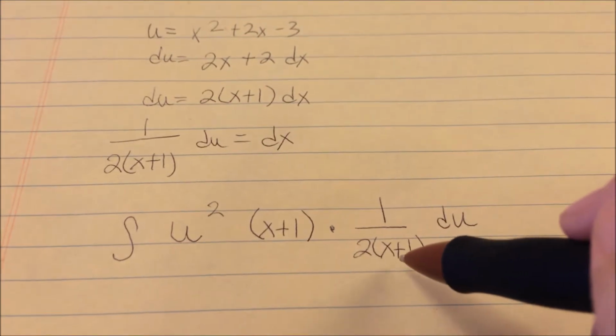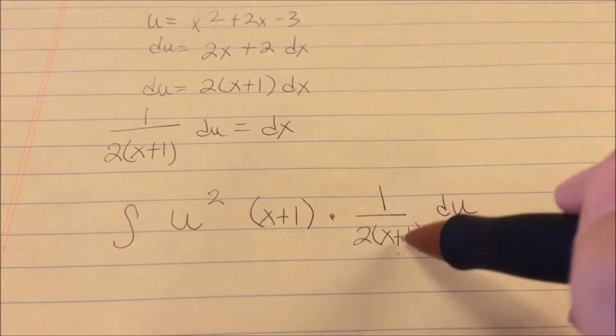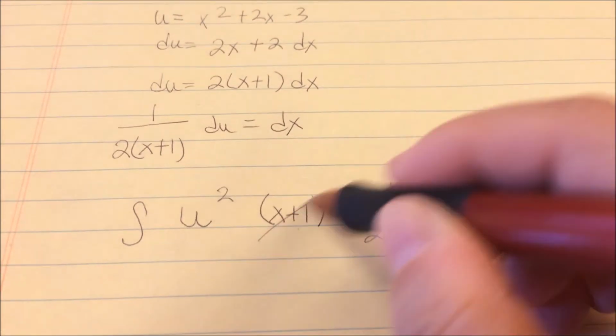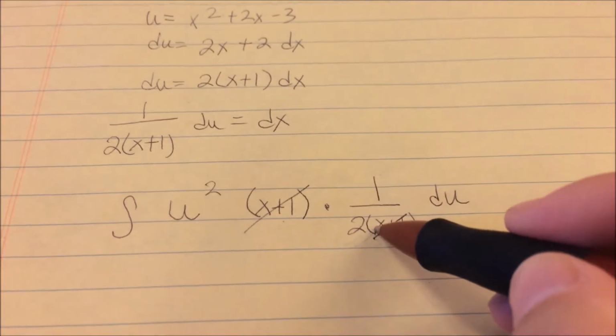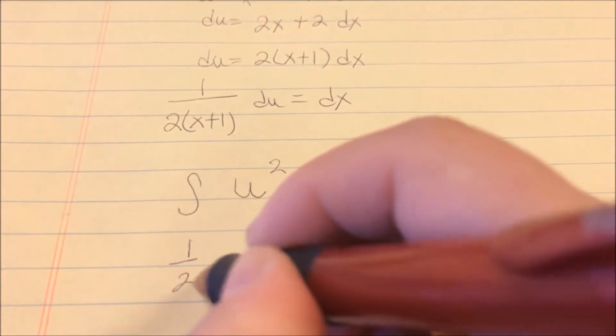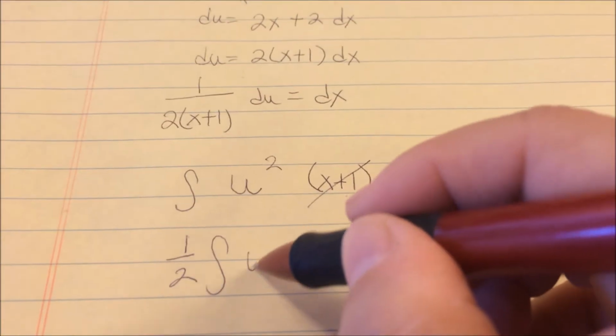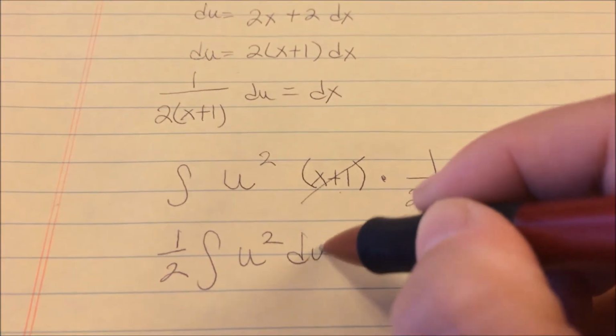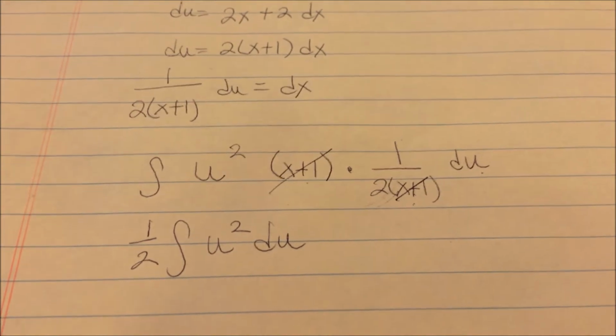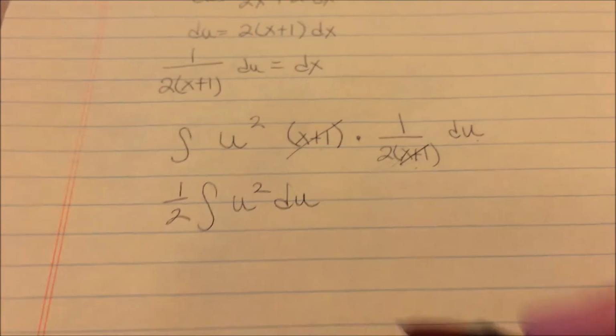So can you see now that this is going to cancel each other right here? Beautiful. Cancel, cancel. So then you're left with a half, and the half is a constant, so we can pull it up in the front of the integration symbol. So half u squared, and then the du back here. Can you see that all of this turns into a simple integration? Yay, we like it.